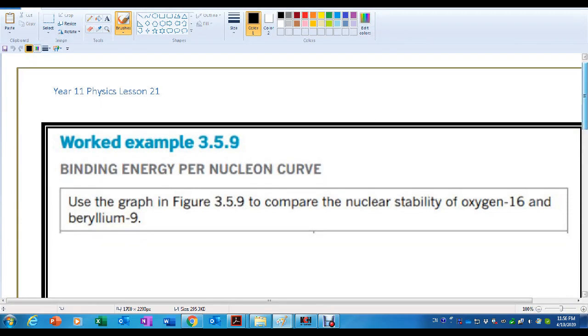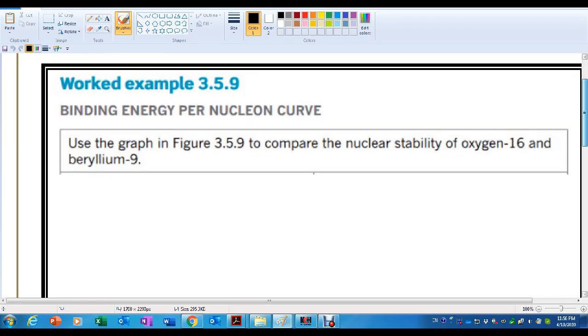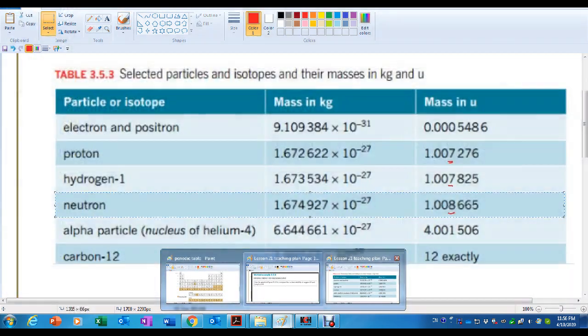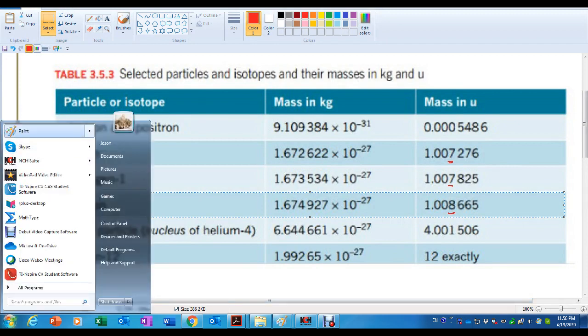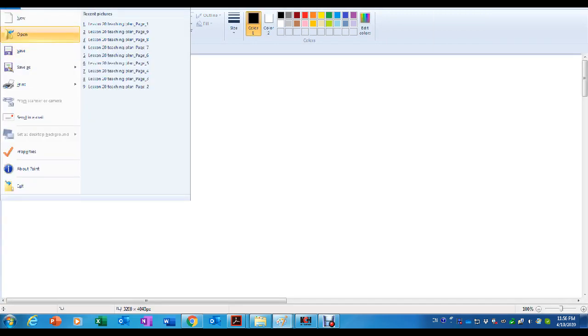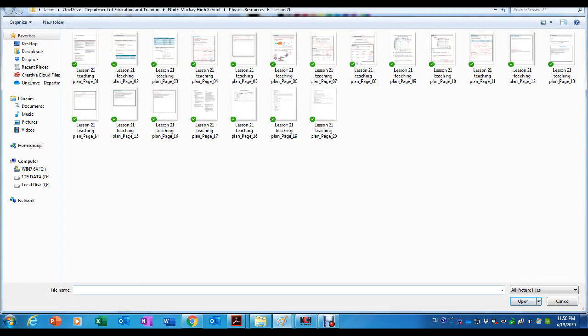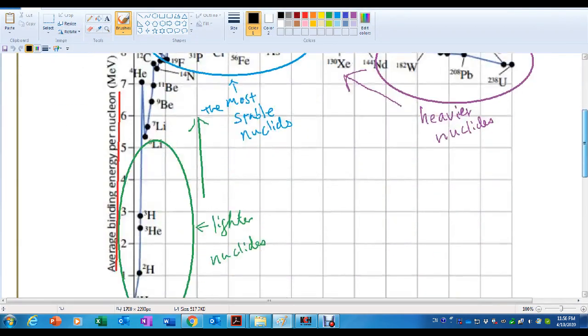Okay, and sometimes you are going to use the graph to compare the stability of oxygen-16 and beryllium-9. Okay, so we might go back to our previous graph. Okay, the graph is over here.